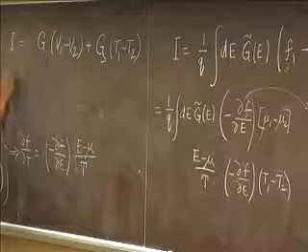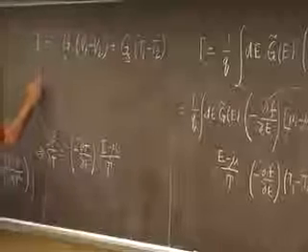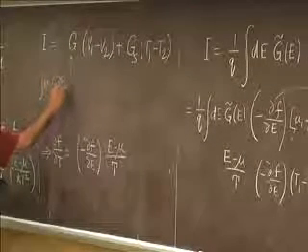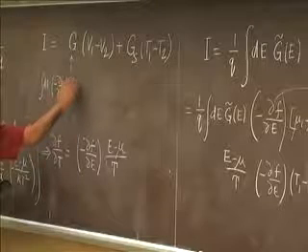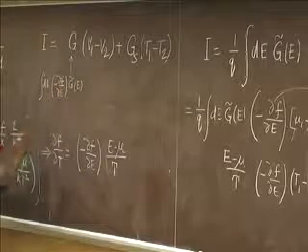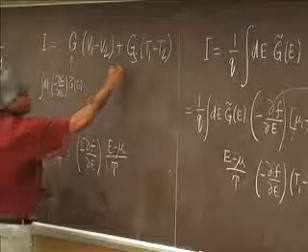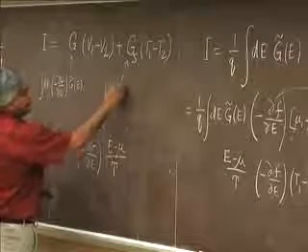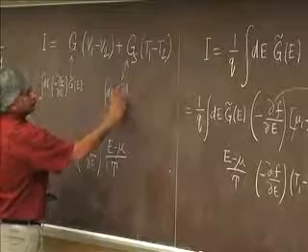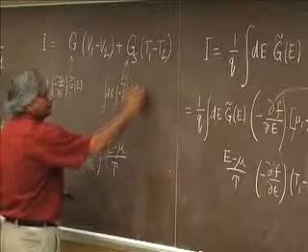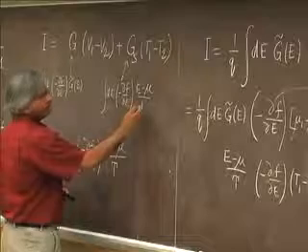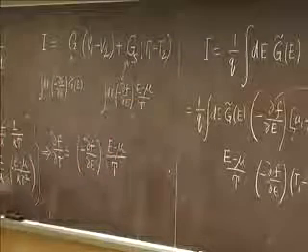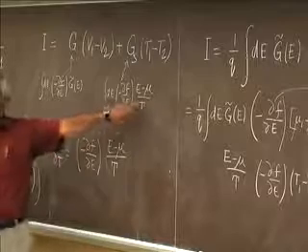So this would look like integral dE minus del F del E, and then the conductance. Whereas this one will look like integral dE minus del F del E, E minus mu over T. That's it. So you have this extra factor in there.